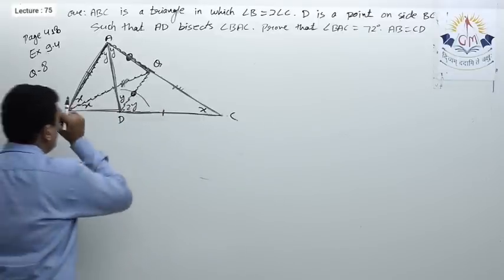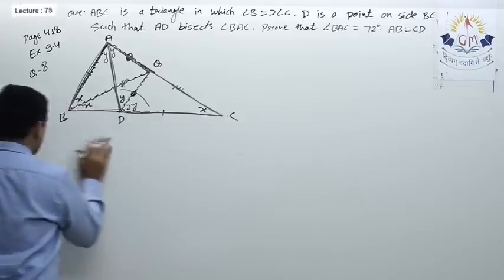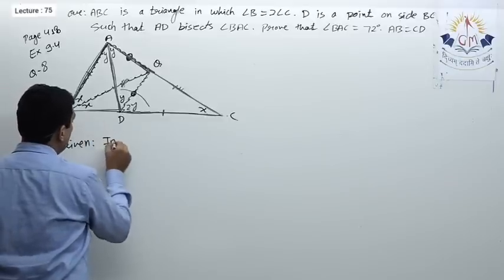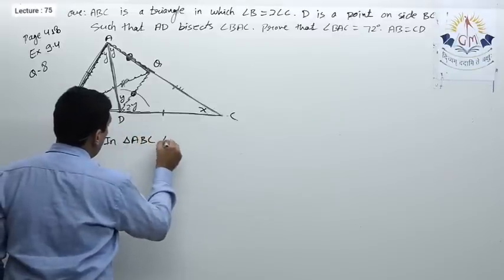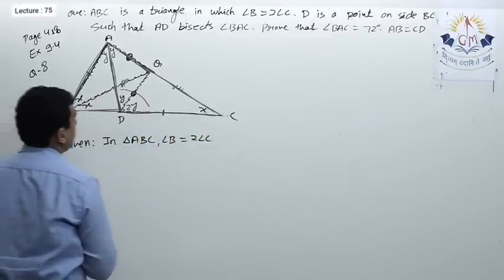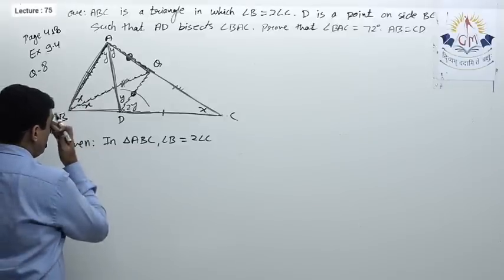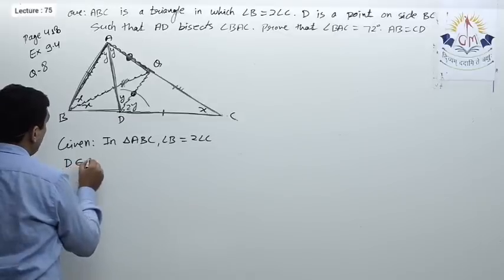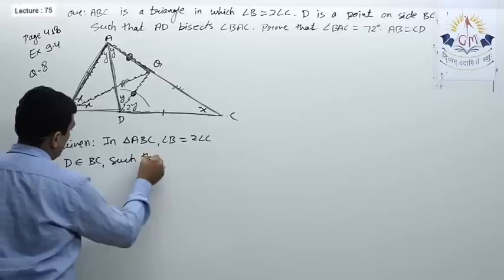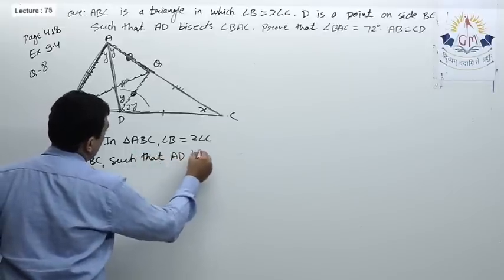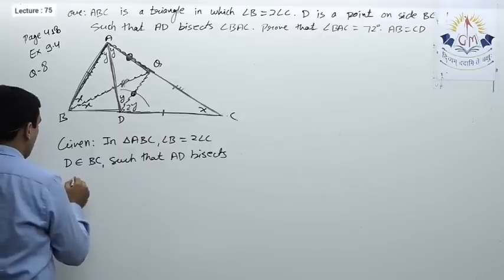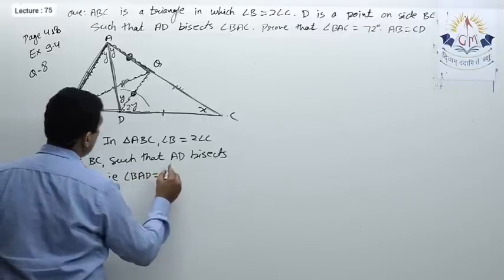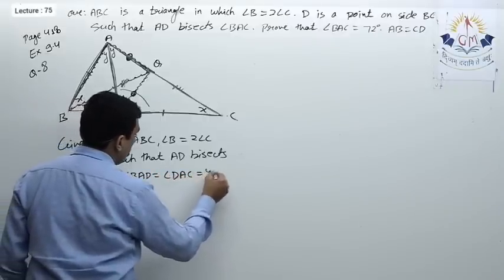Let me write all those things given. Here what we have is: in triangle ABC, angle B is equal to twice of angle C. Also it is given that D belongs to BC such that AD bisects angle BAC, that is angle BAD is equal to angle DAC, equal to y.